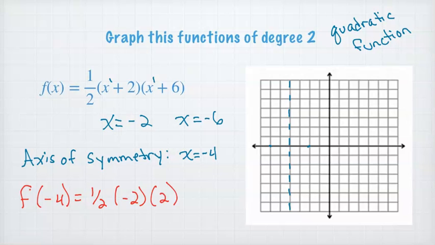So half of negative 2 times 2 is half of negative 4, which is negative 2. You can check that math out, but that's my vertex right here. So now I have this quadratic. Goes through that 0, has a minimum value on my vertex right there, and then it goes through that other 0. And you spent a lot of time graphing those in Algebra 2.